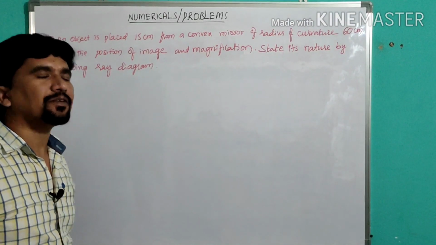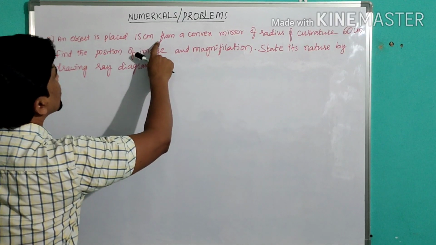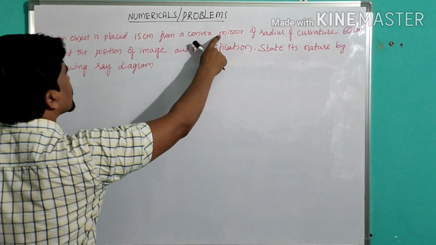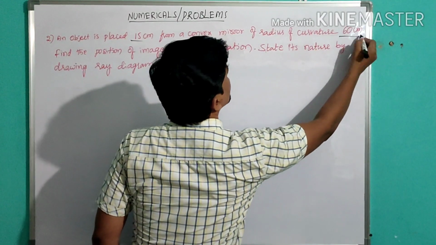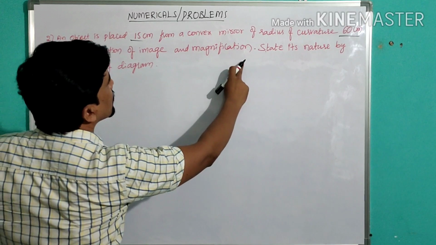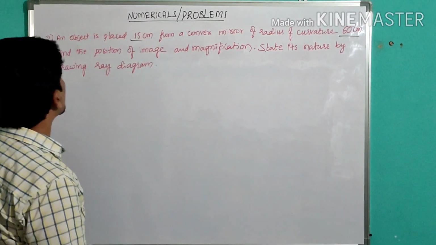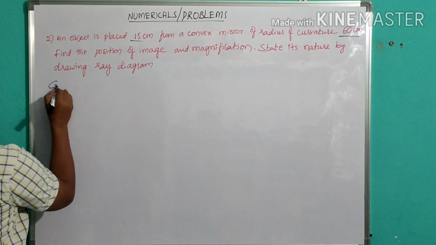Let's see the second problem. An object is placed 15 centimeters from a convex mirror of radius of curvature 60 centimeters. Find the position of image and magnification. State its nature by drawing a ray diagram. First, what is given?